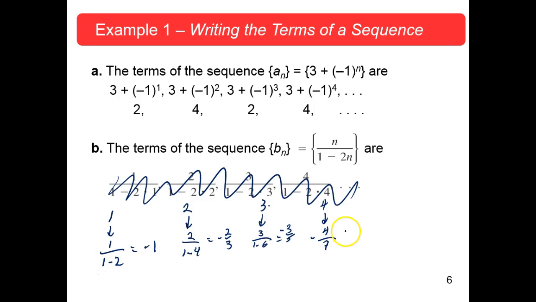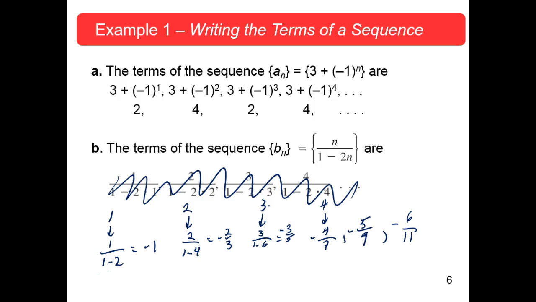Okay? I want to make a guess about the next one. It would be negative 5/9. The next one would be negative 6/11. Okay, you see the pattern here.